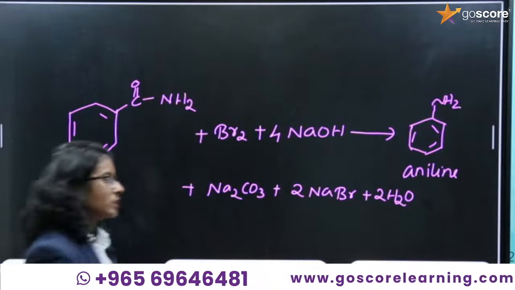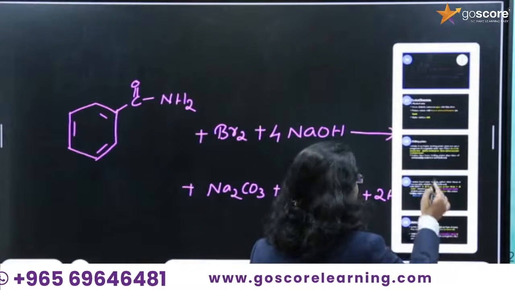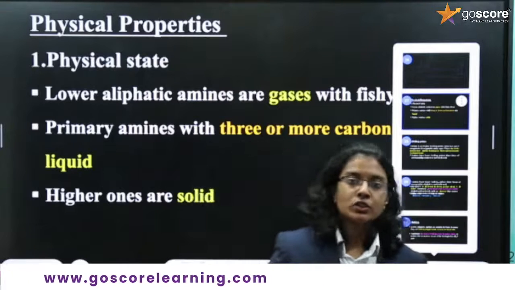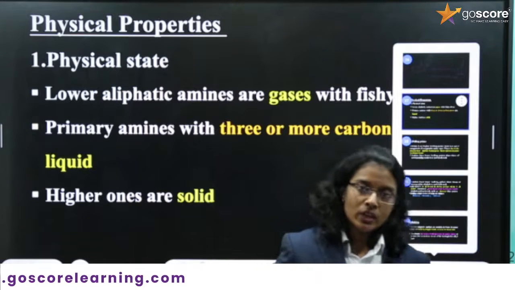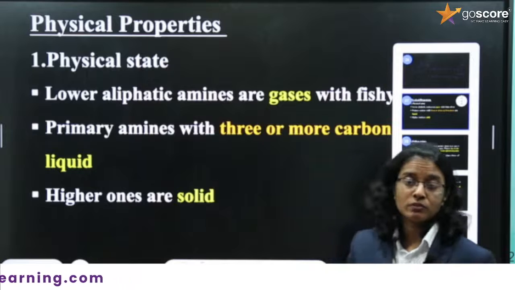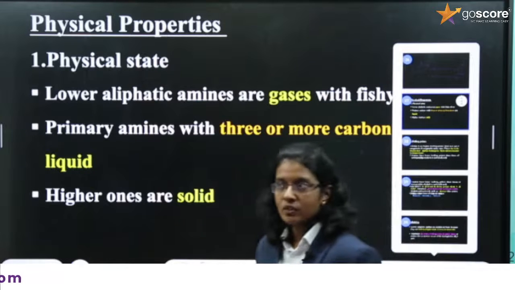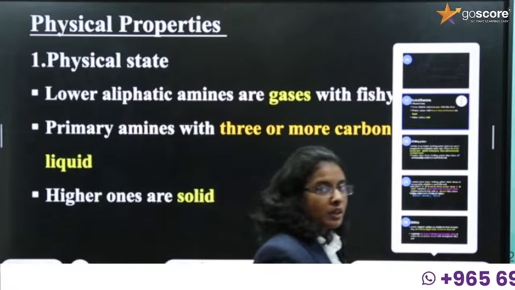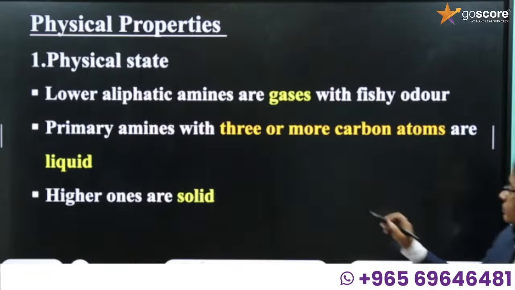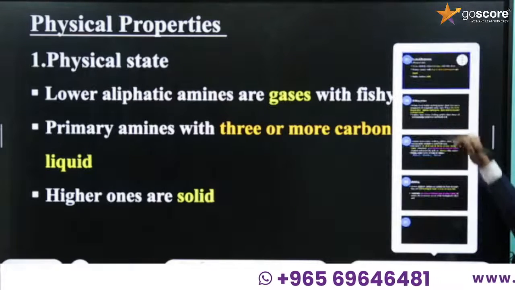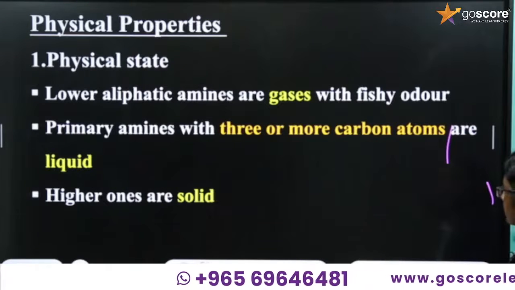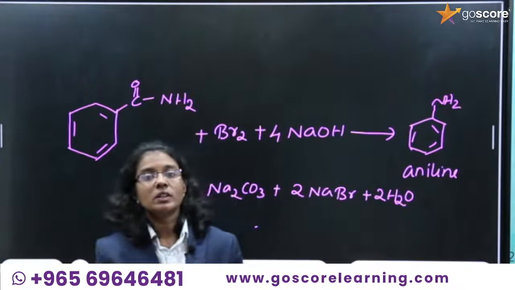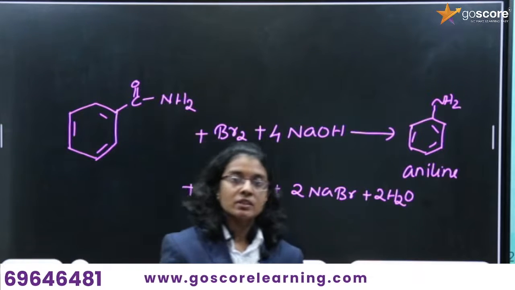Is it clear? So these are the methods of preparation for amines. The first method of preparation of amines is the reduction of nitro compound. The second one is the reduction of nitriles. Then we studied the Gabriel phthalimide synthesis.